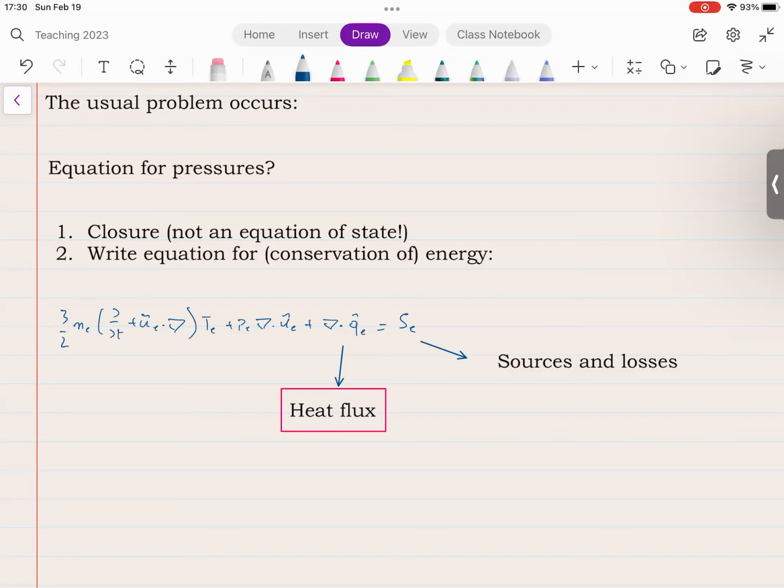For the other option, I remind you this was option 2. We can just say something like this, that P over N_e. No, I don't want to write that way. Sorry about that.